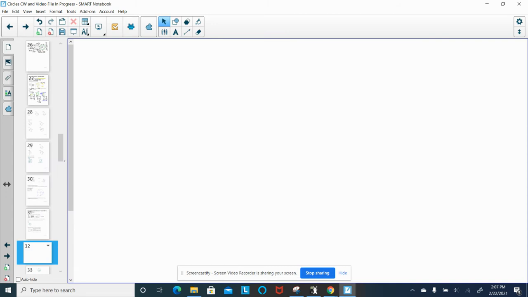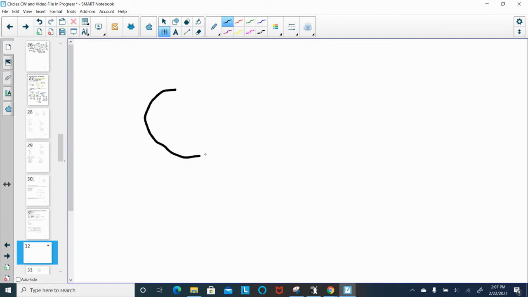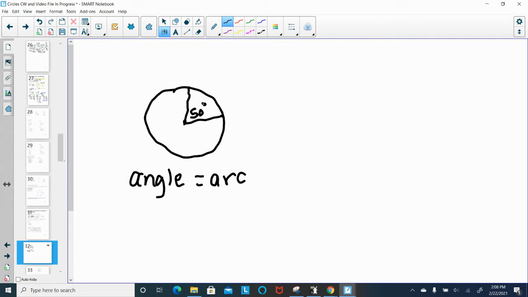Before I move into the notes, I want to remind you what we've covered so far. We've covered central angles, where the angle has a vertex on the center and the angle is equal to the arc. So if this is 50, this is 50.